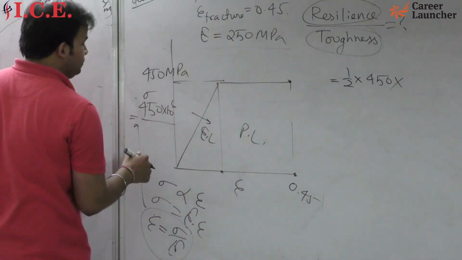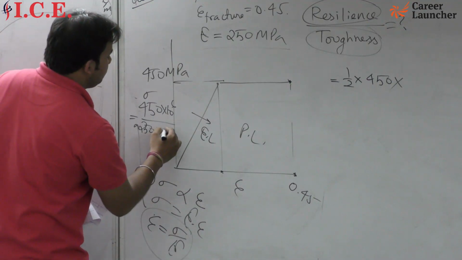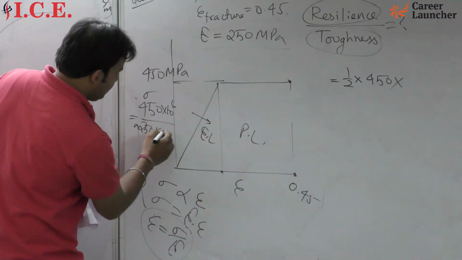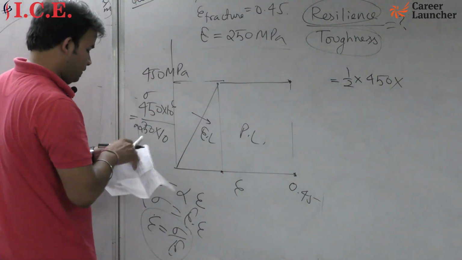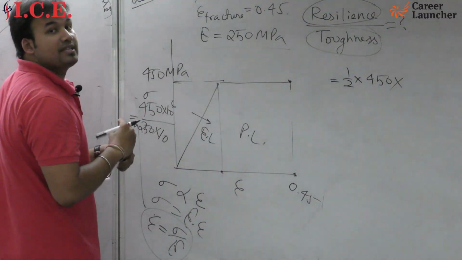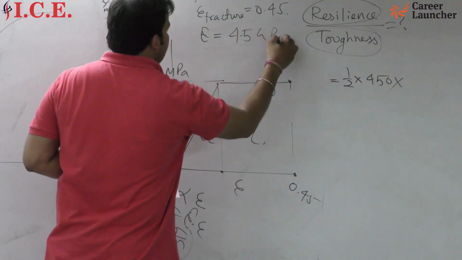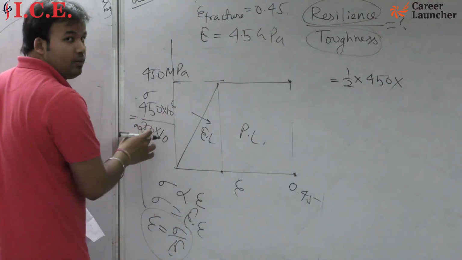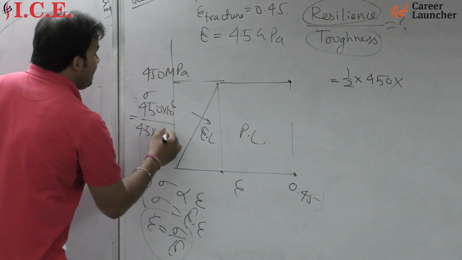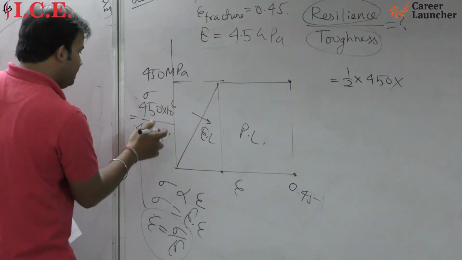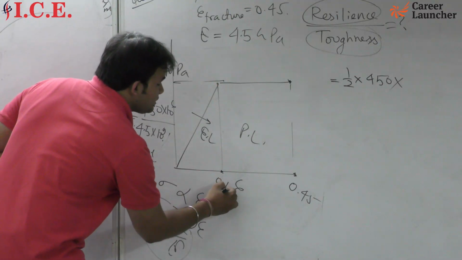And E is, sorry, the question gives 4.5 gigapascal. So sigma is 450 into 10 to the power 6 Pascal, and E will be 4.5 into 10 to the power 9 Pascal. So from here you get 0.1. So this will be your 0.1.